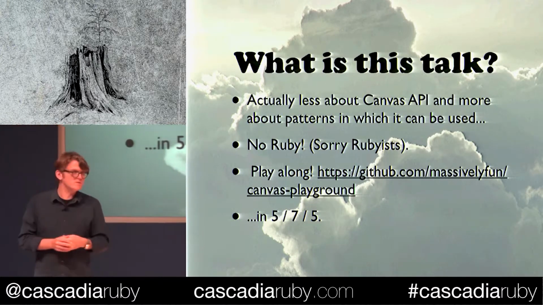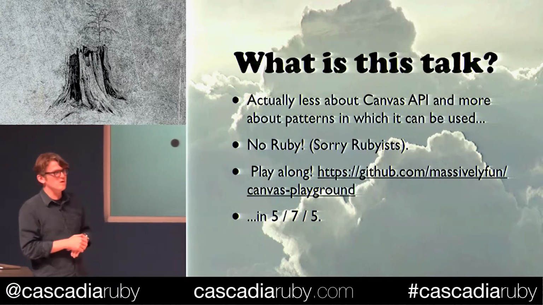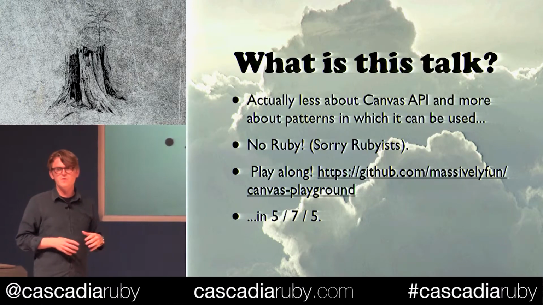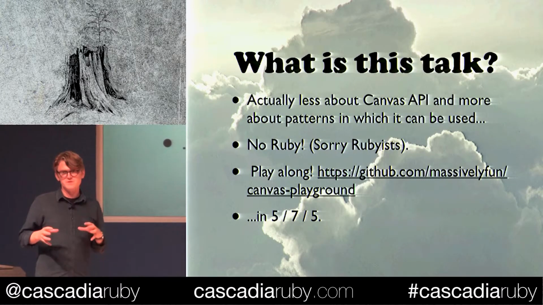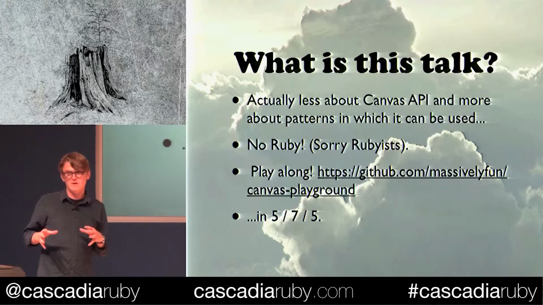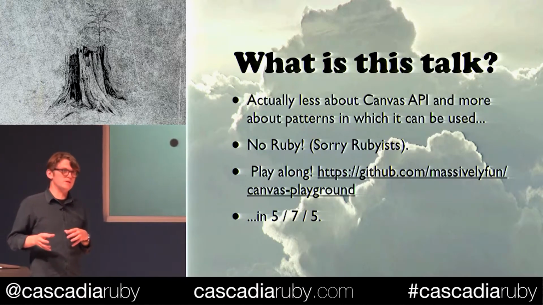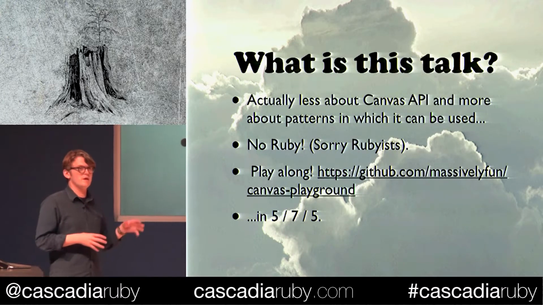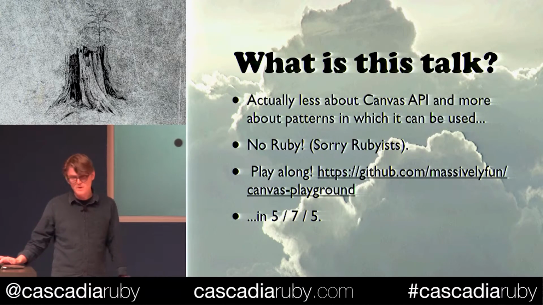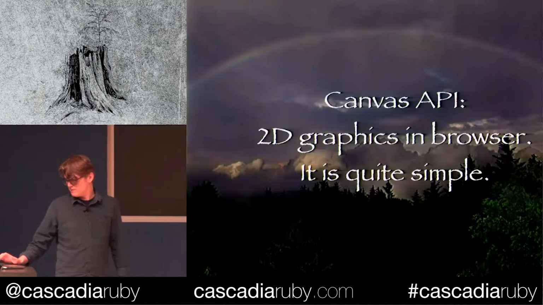The URL there, if you see it, if you want to play along, that's got a version of kind of a really simple infrastructure that's like the one I'm talking about that you could play with, and you can actually build your own game entities and kind of your own drawing primitives and put them on the screen. So if you want to play along, that's where to do it.